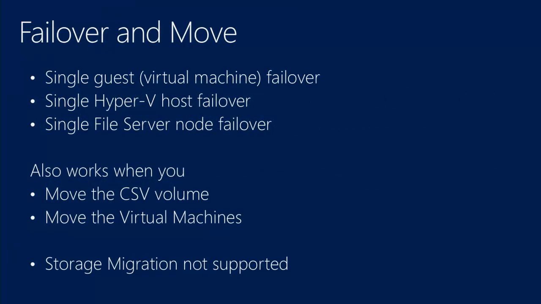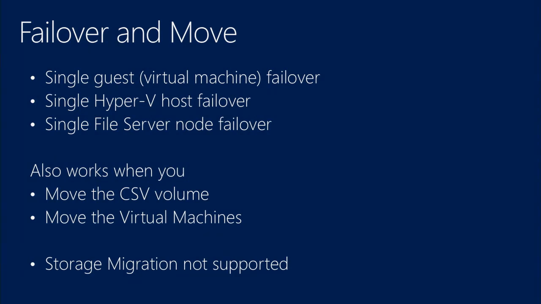Also, the notion here is that you want high availability. So we are testing all the different combinations, all the different types of failovers and moves. So the guest can fail, right? If the guest fails, we'll fail over to the other node. The host can fail. If the host fails, the VM goes down, but the other VM survives, and we will continue to run there.